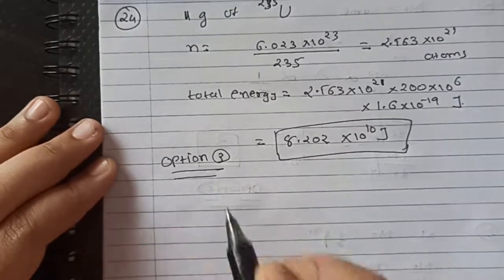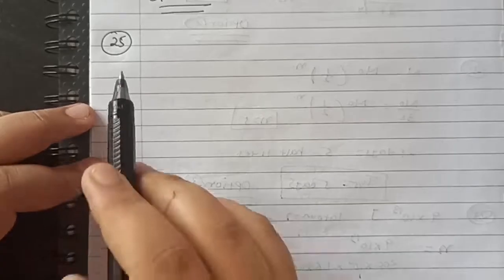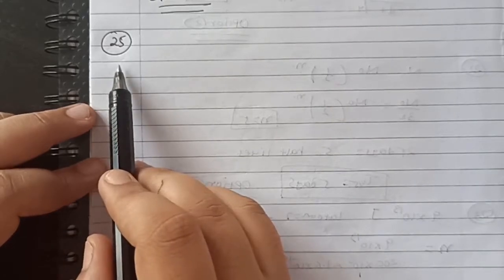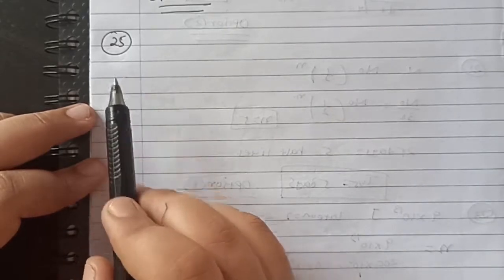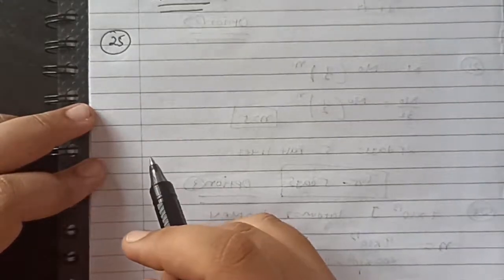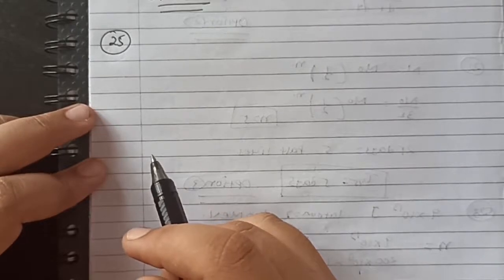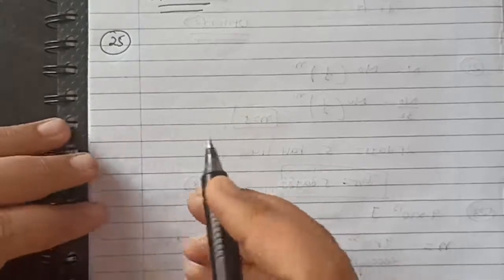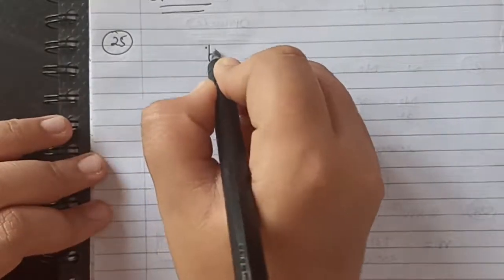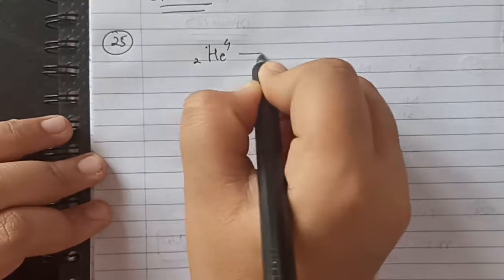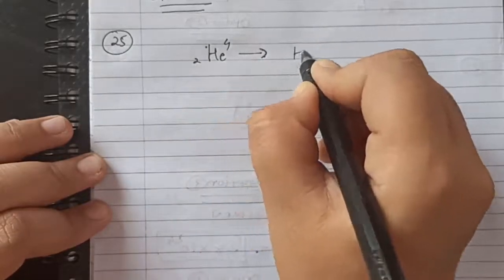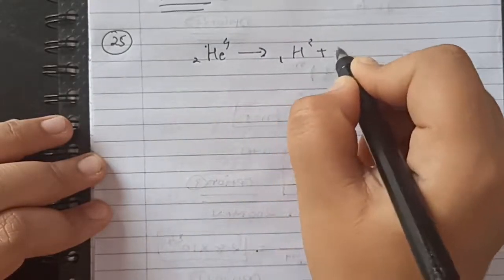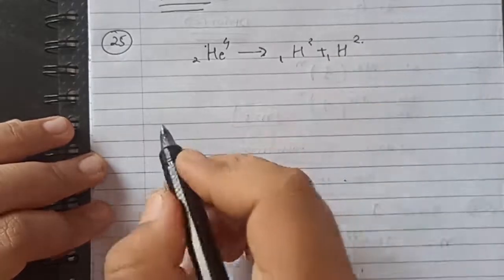3 is correct option. In question number 25, we want to find the amount of energy released in the fusion of 2 hydrogen atom to form 1 helium nucleus. Binding energies for both are given. Here the reaction will be 2He4 is formed from 1H2 plus 1H2.